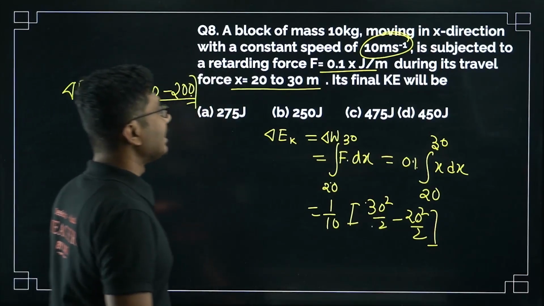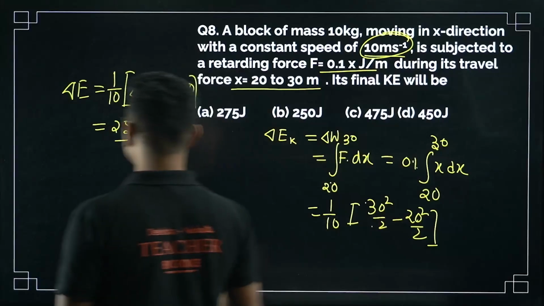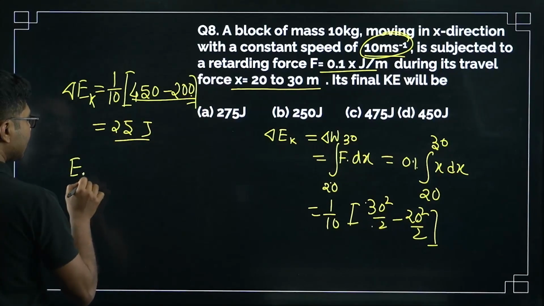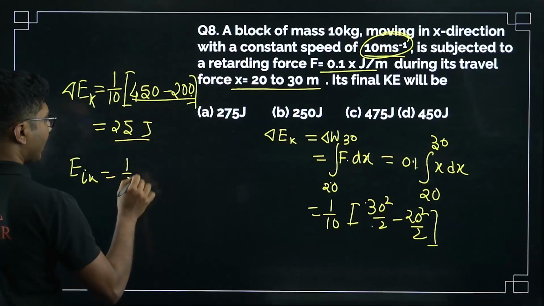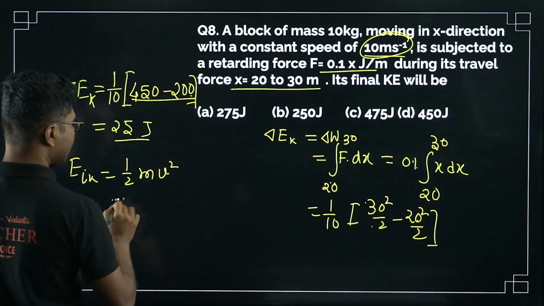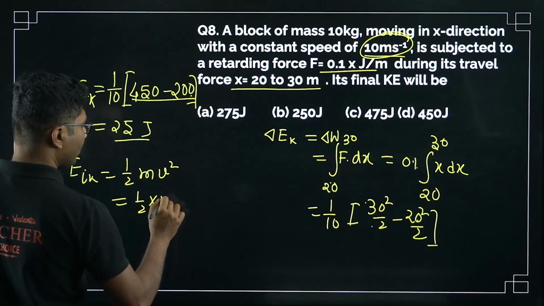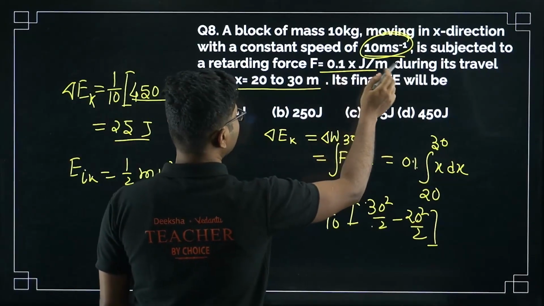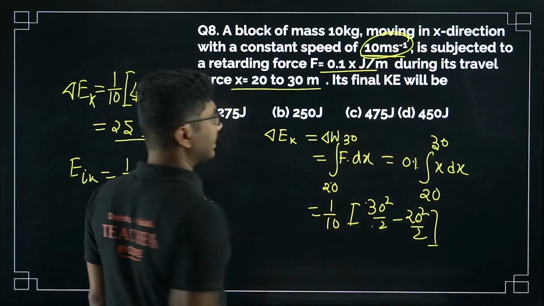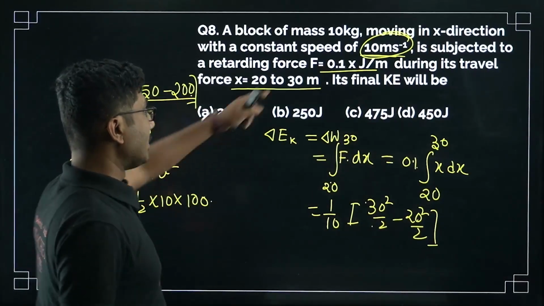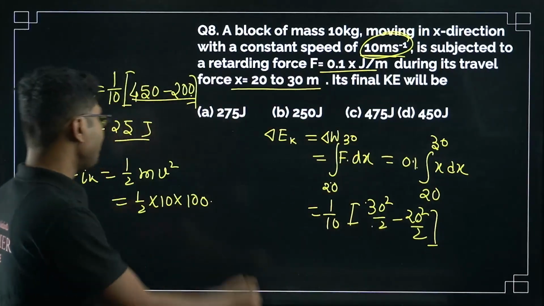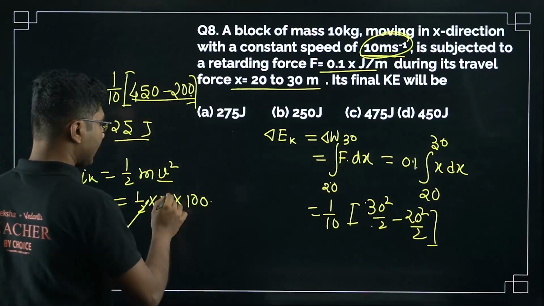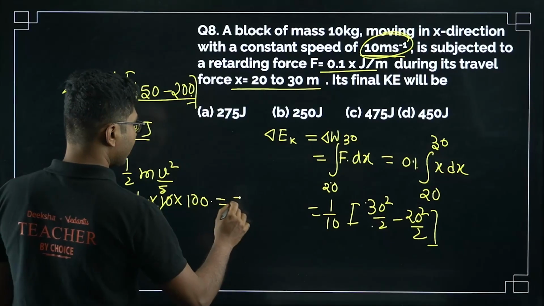What is the initial kinetic energy? Initial kinetic energy is half mv square, that is half into 10 into 100. Why 100? Because the initial speed was 10 meter per second, so v square is 10 square, which is 100, so you get this as 500.